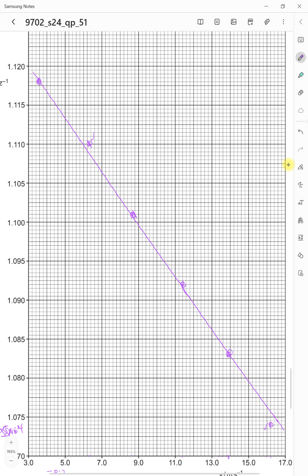Okay, so you can draw a better line of best fit. I've just given you a hint.